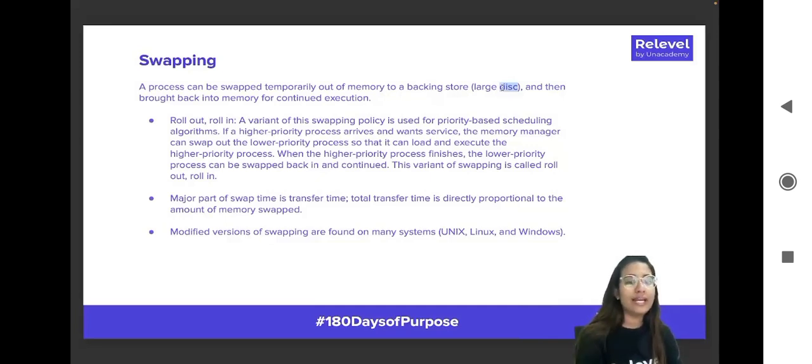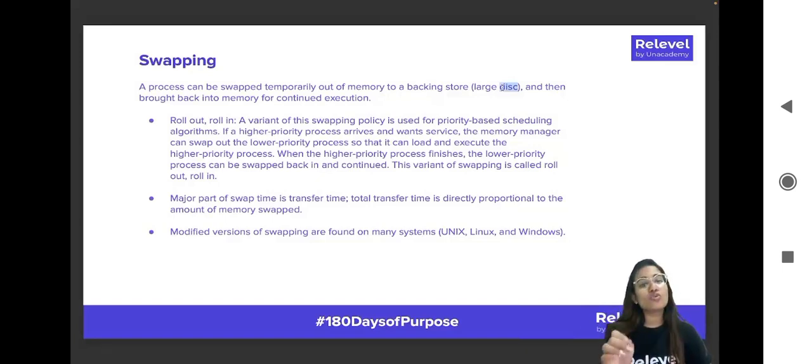To put it in definition terms, swapping is a memory management technique used to temporarily remove inactive programs from the main memory of the computer system. Any process that needs to be executed must be in the memory for its execution, but sometimes those processes can be temporarily swapped out of the memory to the backing store, and then brought back again to complete the execution from where it was left off.